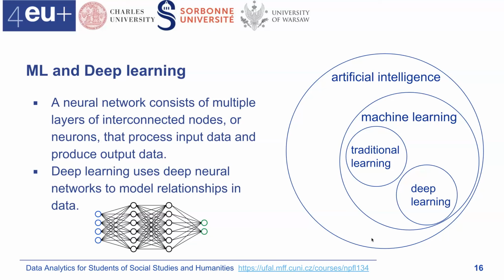Neural networks, again, I don't want to dive into technical details, but to understand what's going on today when people speak about a milestone in artificial intelligence, or I would still say a milestone in machine learning, I have to give you at least a very short description of deep learning and neural networks.